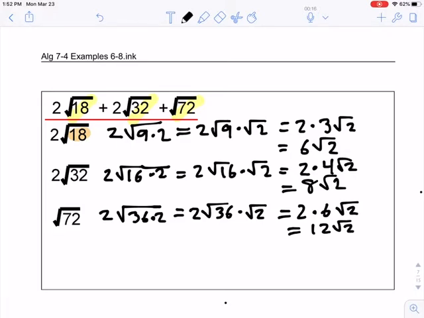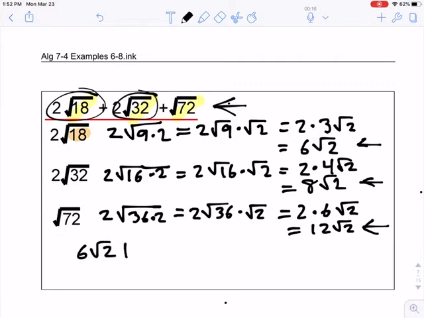So pretty much we're going to rewrite this expression with all 3 of these instead. We're going to rewrite that one as 6 times the square root of 2. And now this one, we're going to rewrite as plus 8 times the square root of 2.